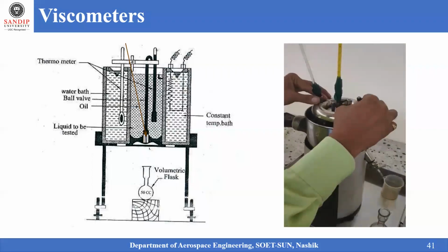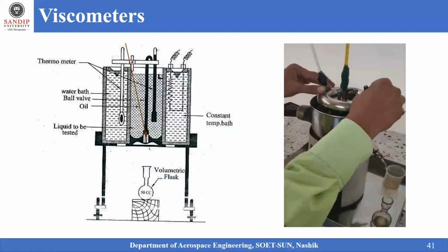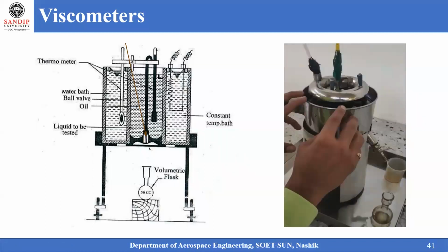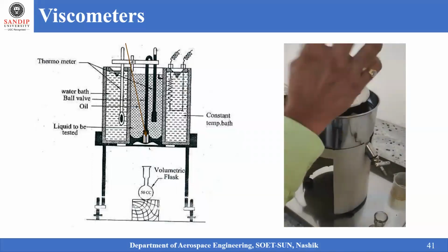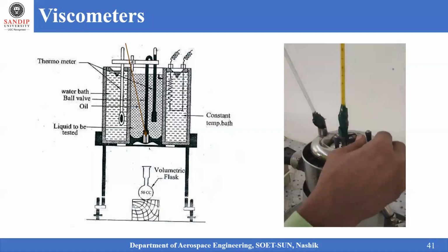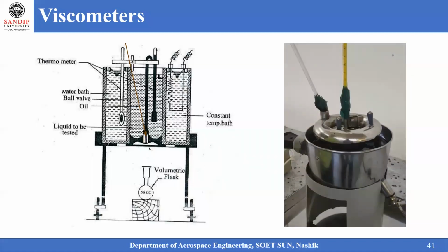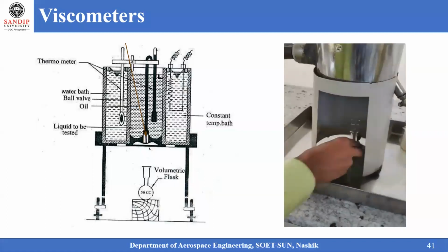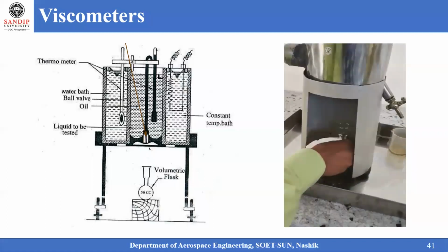During this procedure, the external flask is also arranged with a stirrer with blades inside. By continuous stirring using a knob, we can get a uniform distribution of the heat supplied inside the viscometer.